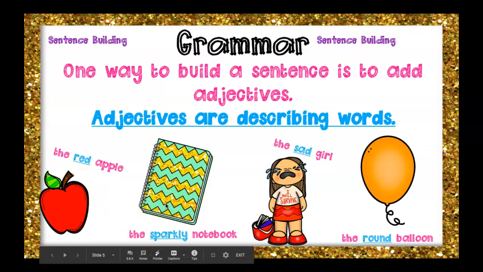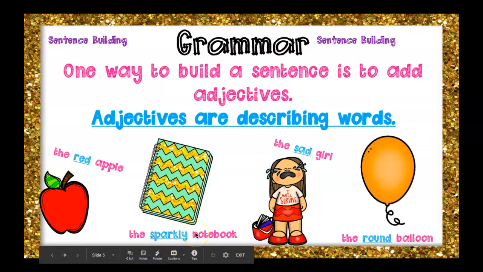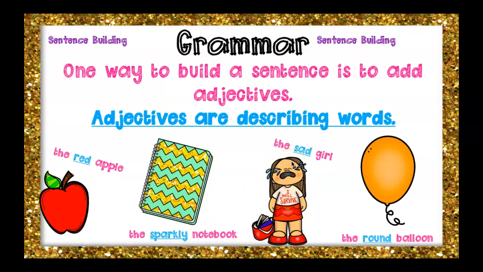This notebook, instead of saying the notebook, we can say the sparkly notebook. Sparkly is the adjective in the sparkly notebook. And this girl, instead of saying, oh, the girl, we can say the sad girl. The adjective in this phrase is sad.